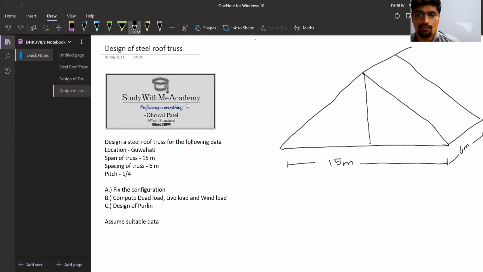Now first of all we have to start with the configuration process. So we need to know what configuration is. In configuration, we need to give all the details that are missing in the geometry of the truss. So what is the missing portion, I will explain to you.